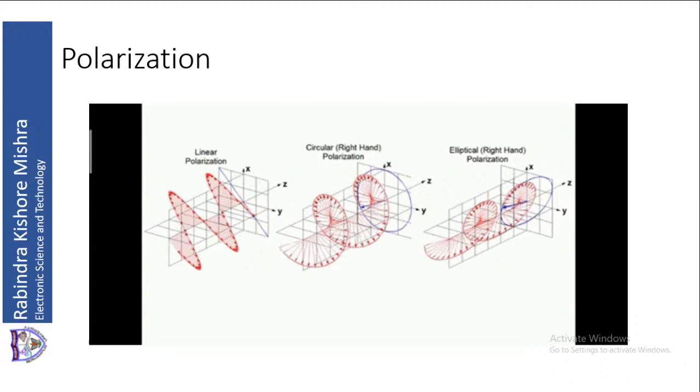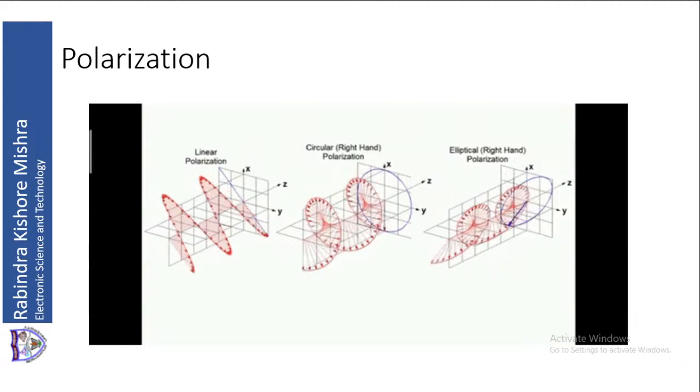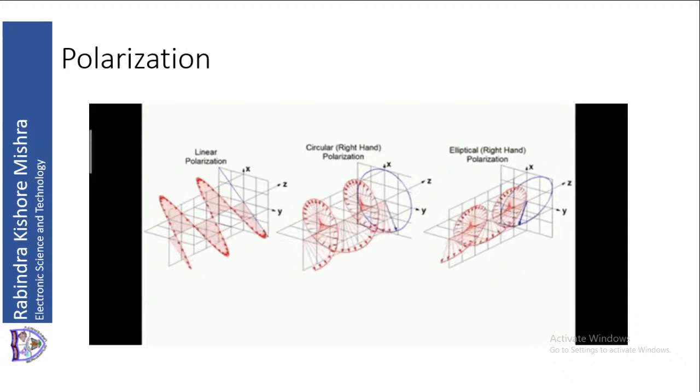When you say the field is polarized, that means how the electric field is oriented with respect to the direction of propagation. What we do is find the locus described by the tip of the electric field over one period.